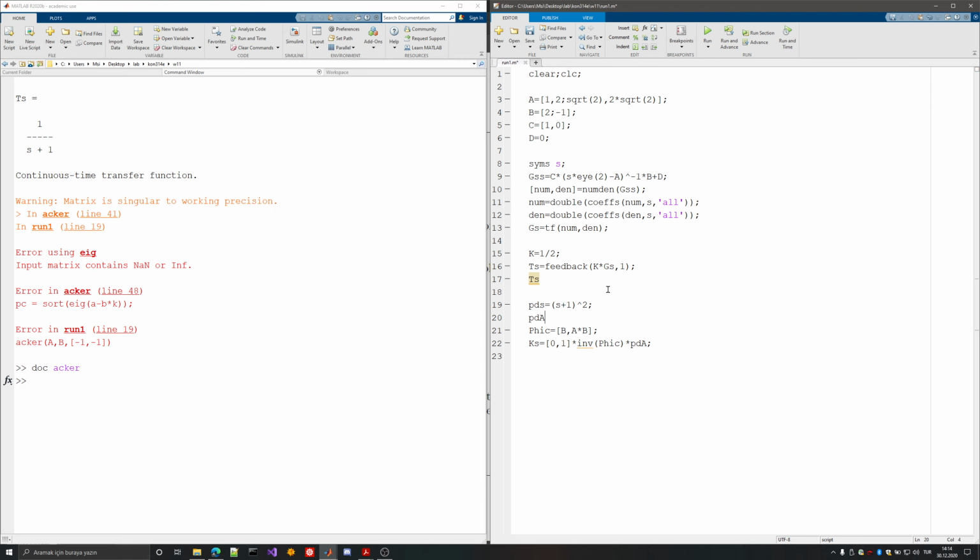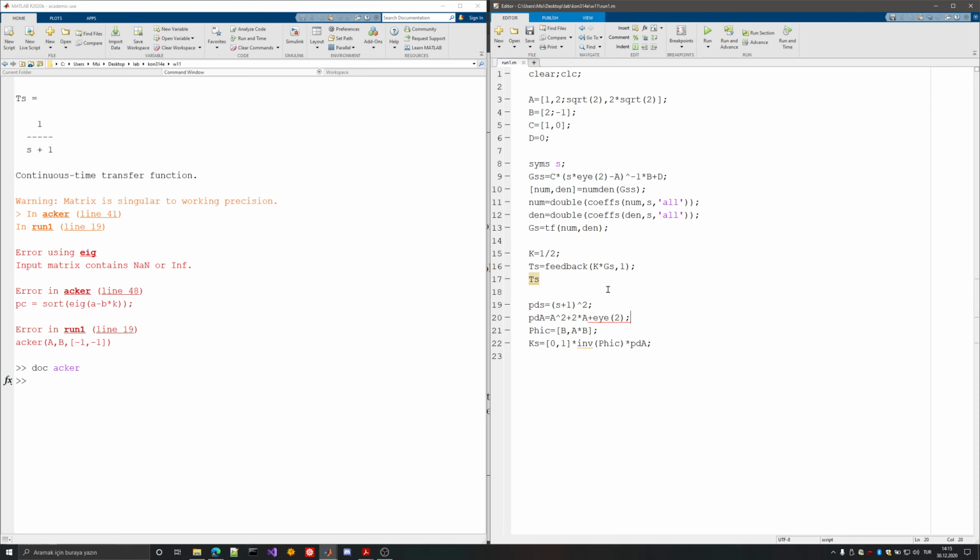And PDA is, by the way, since this is s squared, I will take A squared plus 2A. So you're substituting s with A, basically. And then there will be 1, so I will be adding the identity here.